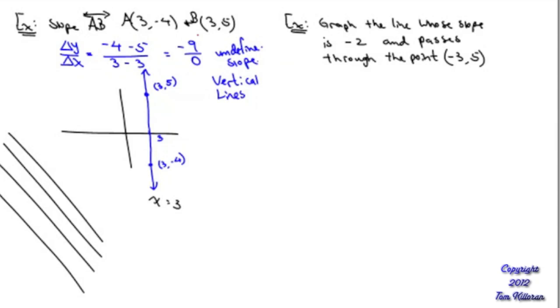There's an infinite number of lines that have a slope of -2. But once I have it passing through a single point, it becomes unique. It becomes a unique line with a slope of -2, and it's the only one that passes through (-3, 5). Think about that for a second. I could have all these lines going across the plane, and only one of them goes through (-3, 5). It's kind of cool if you think about it.